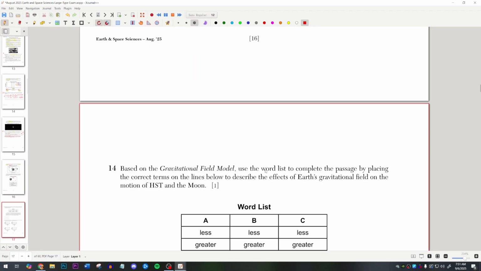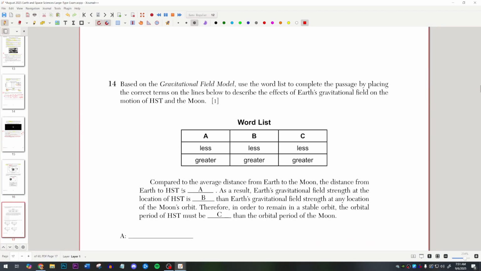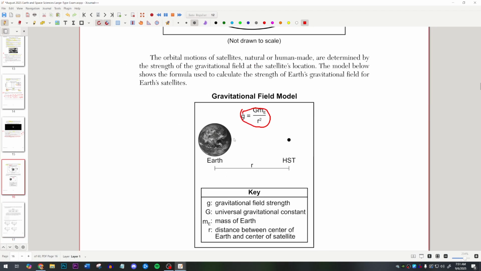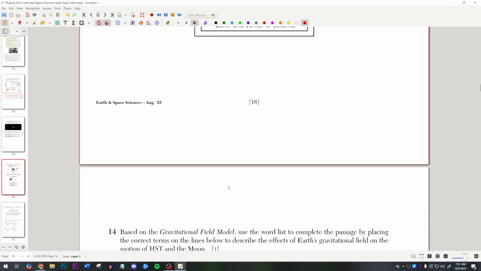Okay. Based on the field model, use the words to complete the passage by matching the correct terms. Okay, let's just try it. Compared to the average distance of the Earth and the Moon, the distance from the Earth to the HST is... So let's see. It's way shorter. HST is so much closer than the Moon.